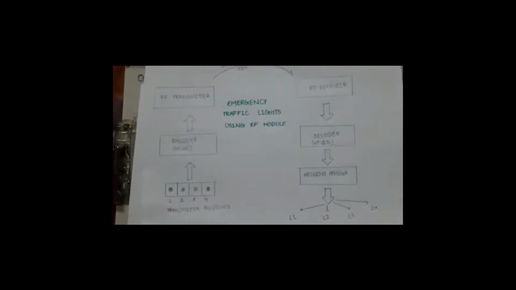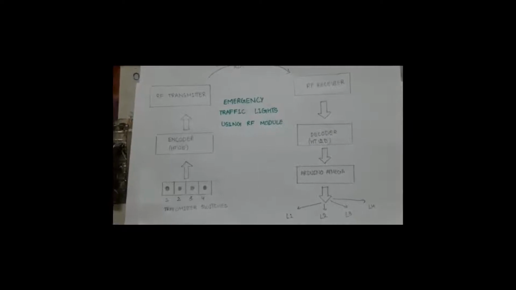So basically, the encoder converts the parallel data into serial data, and the decoder converts the serial data into parallel data.